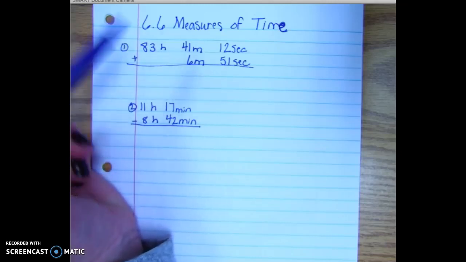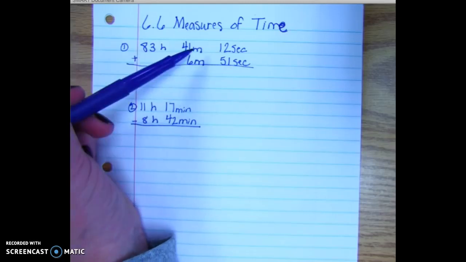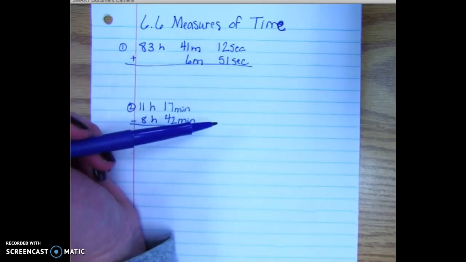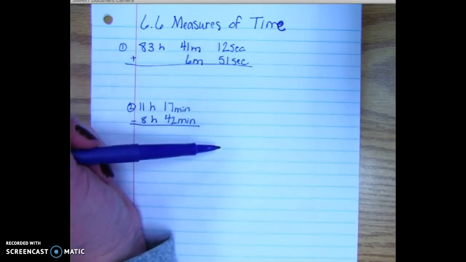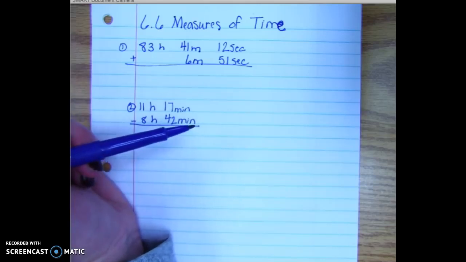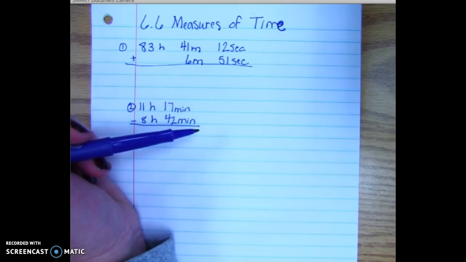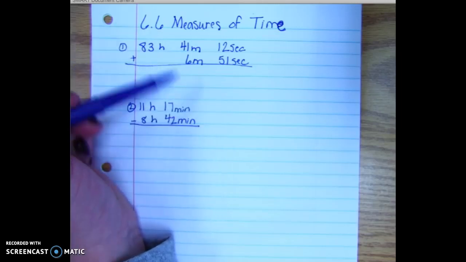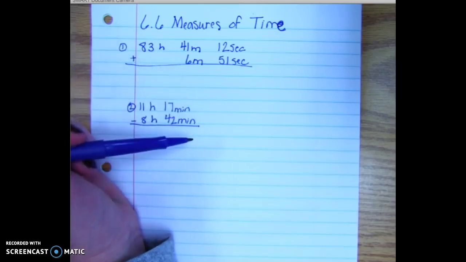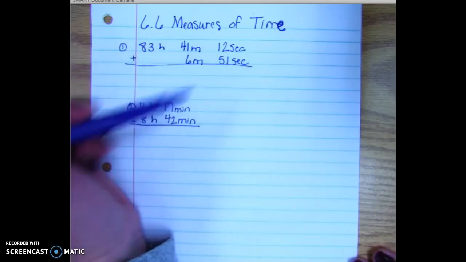So in a Tour de France, there was a winning time of 83 hours, 41 minutes, and 12 seconds. Let's just say that Mrs. McKinley decided to compete, and my time was 6 minutes and 51 seconds greater than that. So I need to add these two times together. Notice that I'm setting them up in columns.